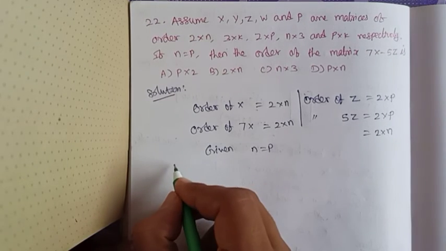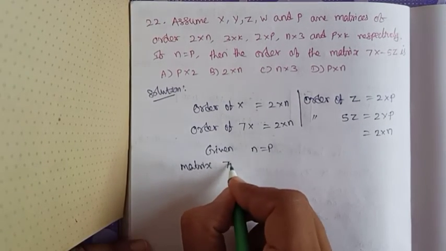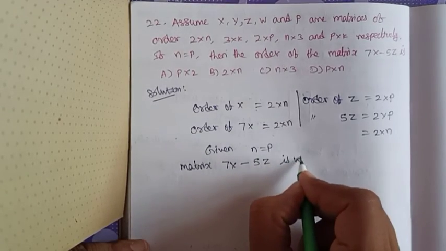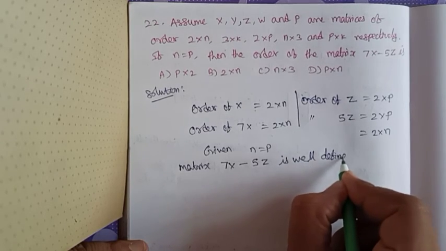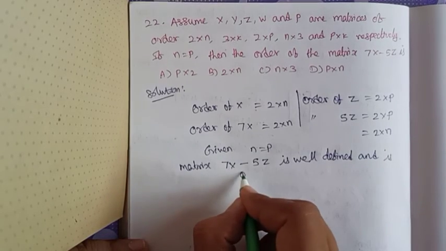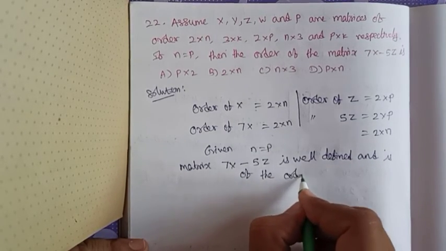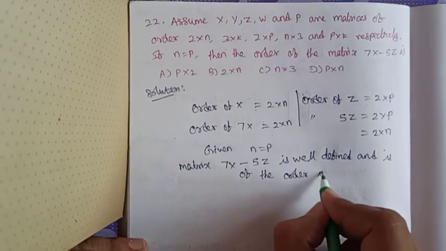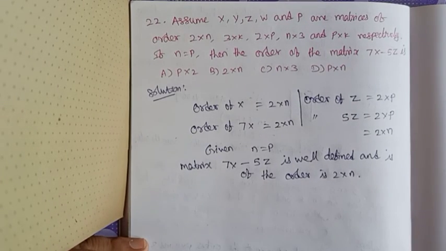Thus the matrix 7X minus 5Z is well defined and is of the order 2 by n. Okay, thank you all.